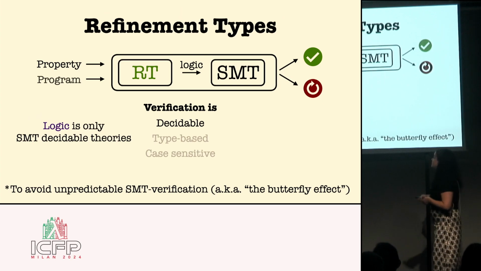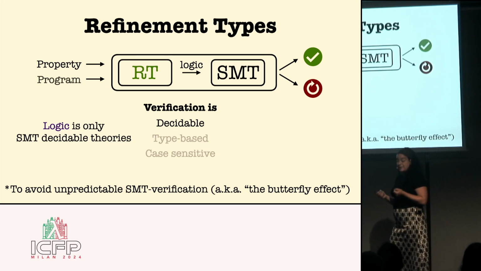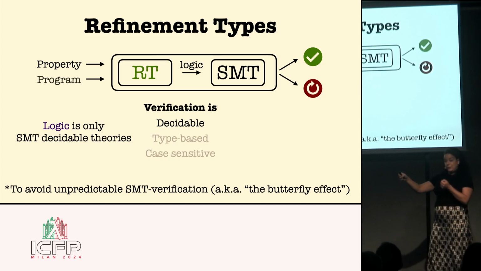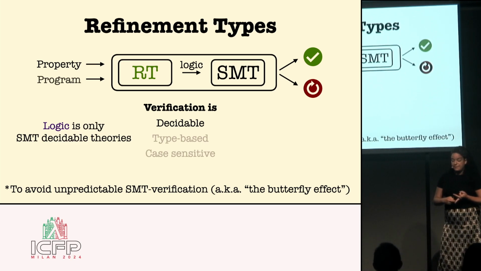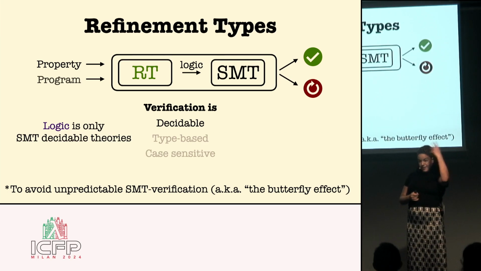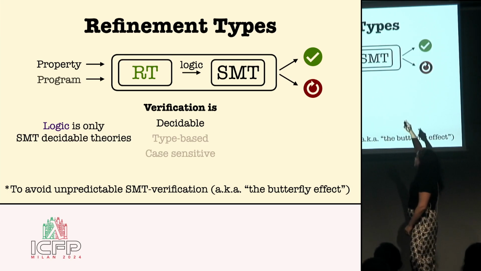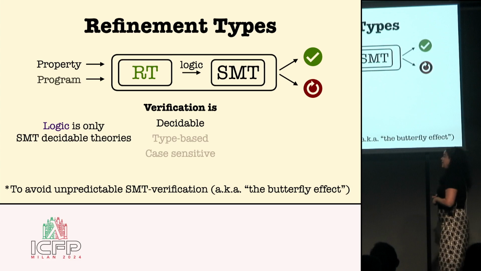And this is very important because in Liquid Haskell's refinement types, we have pushed a lot this idea that all these logical constraints that you feed to the SMT solver should only belong to SMT decidable theories. So we don't have forall, we don't have exists, and all these foralls and existentials are pushed into the types. They are done externally, and when you reach the point that you are asking SMT questions, you have purely decidable logic.